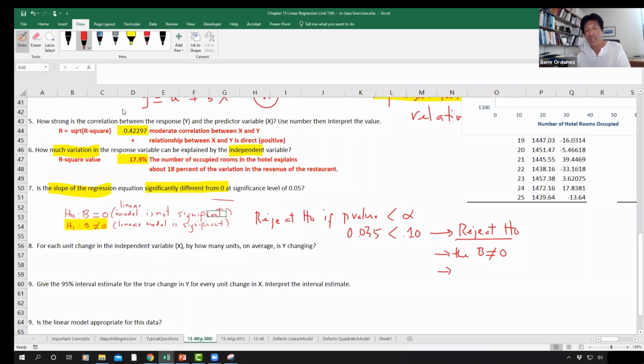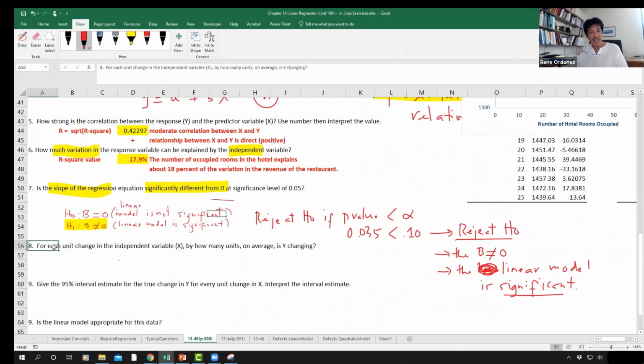Or another translation of this is the linear model is significant. Okay?